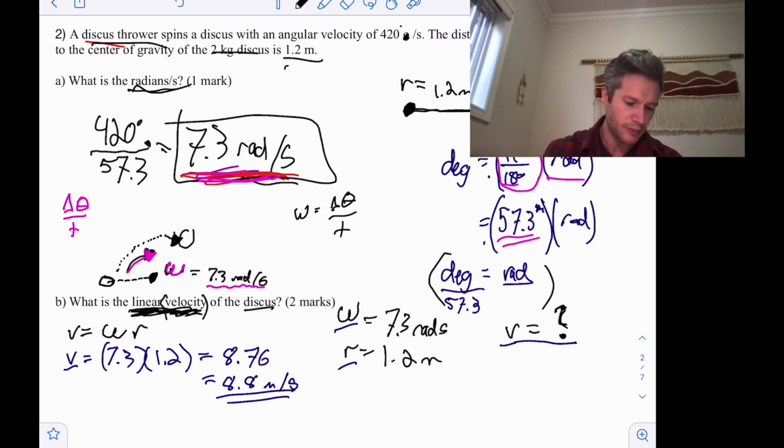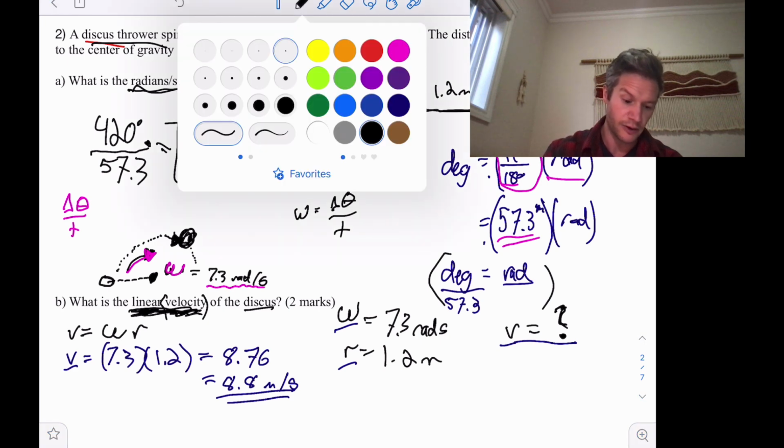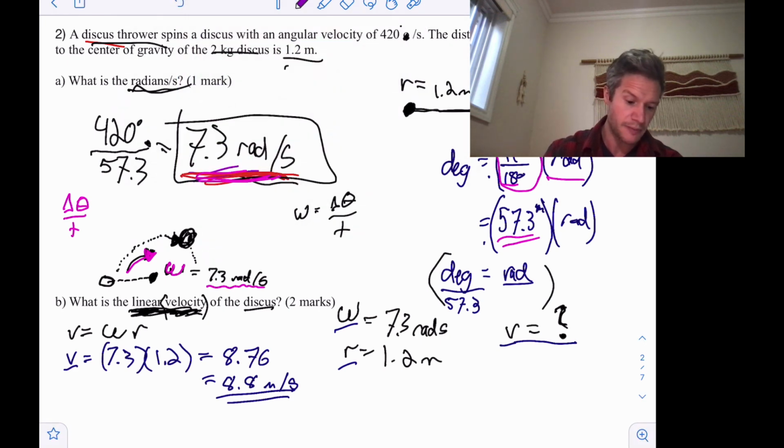When they get to some point, let's say here, not that they are letting go, but if they didn't let go, they'd keep continuing around the circle. But if they did let go, the discus would shoot off at a linear velocity that is equal to the length of the arm.